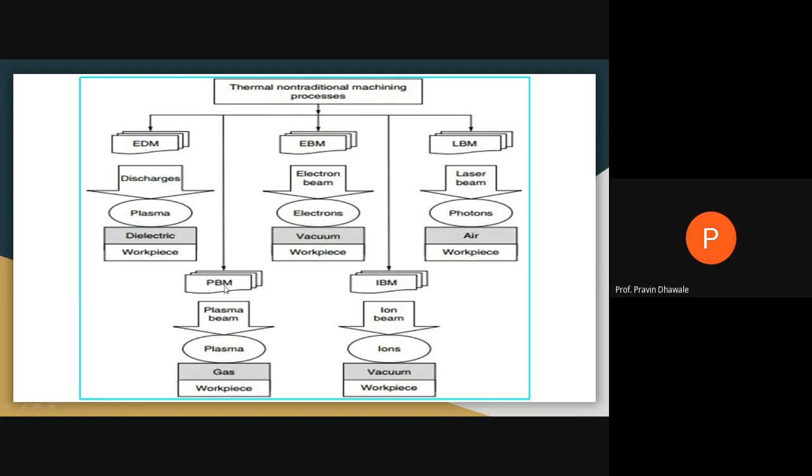Same in plasma beam machining, we require the plasma, and it will be produced by the plasma beam, and material is to be removed from the workpiece.